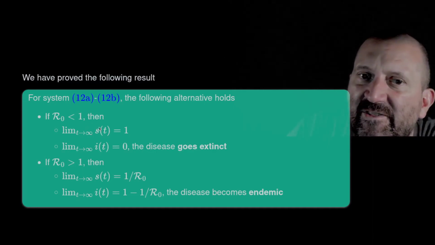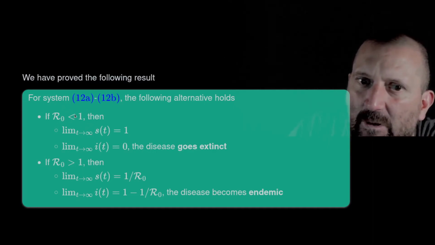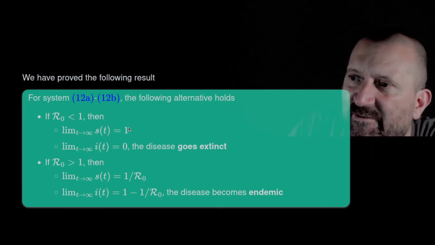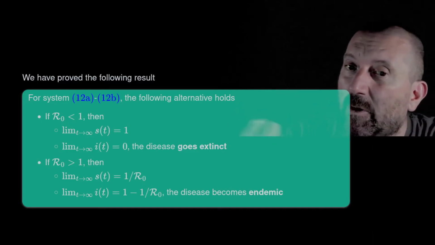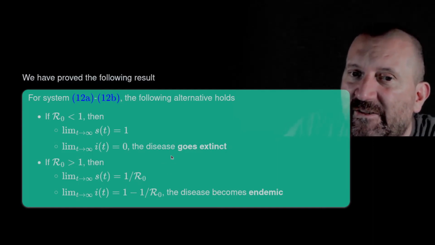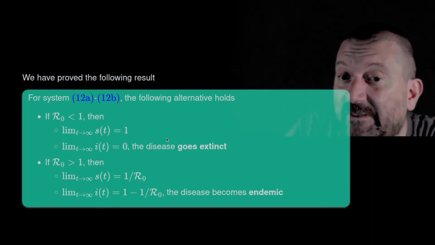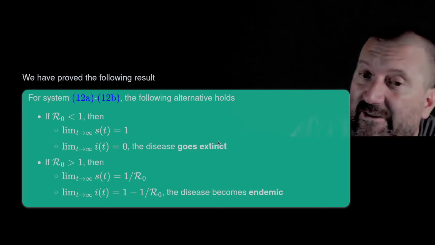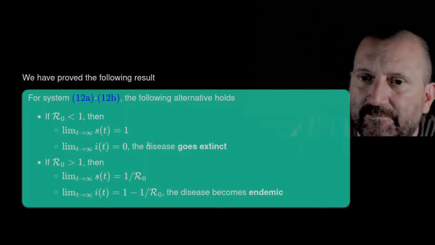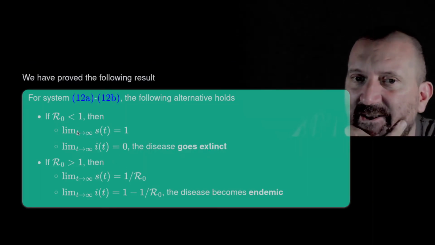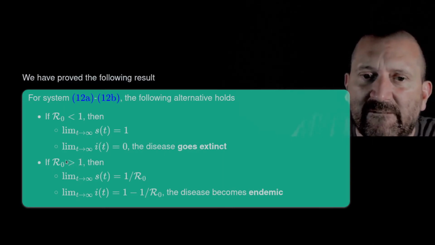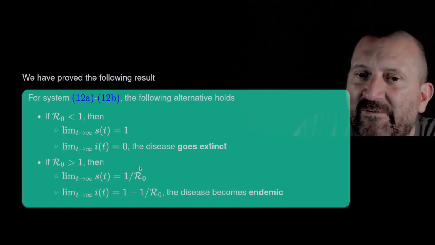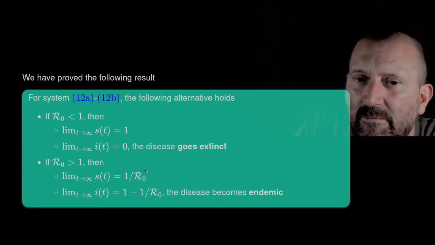If the basic reproduction number is less than 1, then the limit of S of t is 1. That means all individuals are susceptible in the long run. And I of t goes to 0, the disease goes extinct. Okay. On the other hand, if the basic reproduction number is larger than 1, then the limit of S of t is 1 over R0.